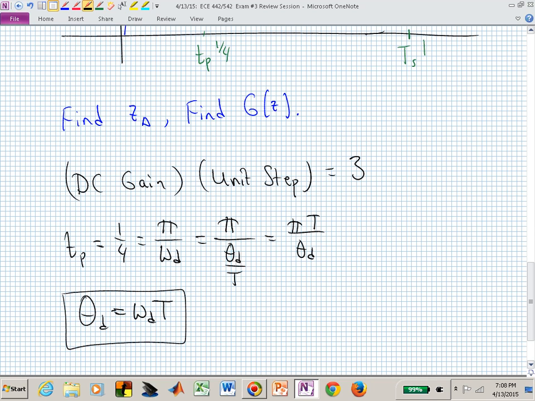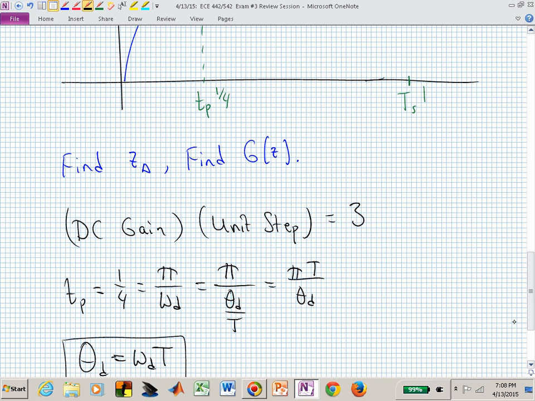Now you know the angle of your poles. You can use this final value together with knowing that you had a unit step to determine the DC gain of your transfer function. The DC gain is now what? 3.